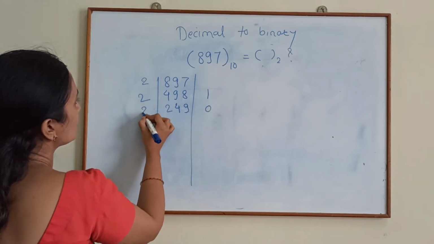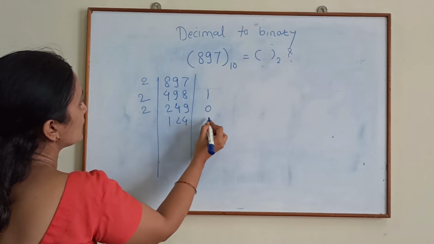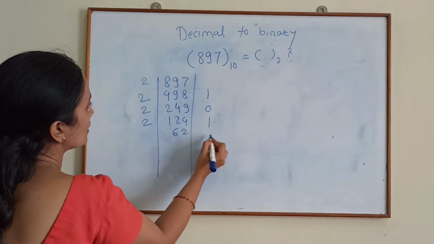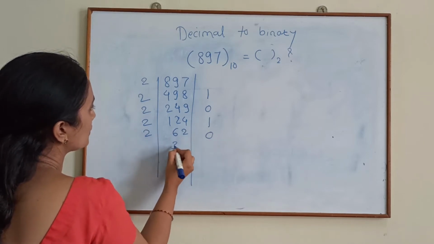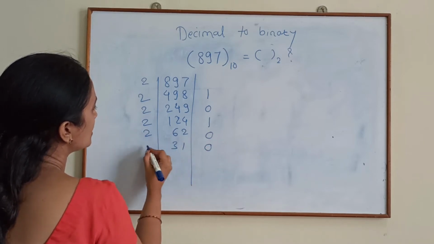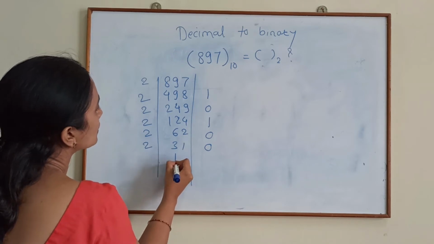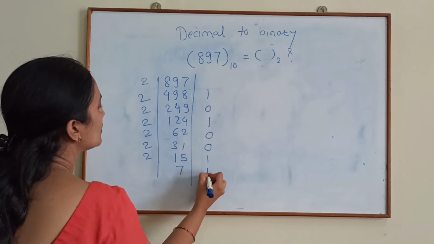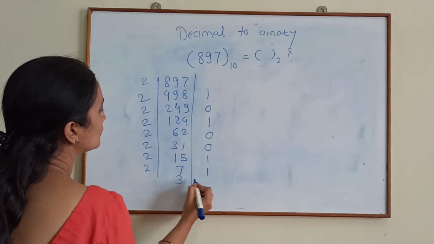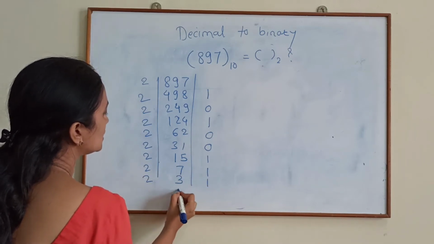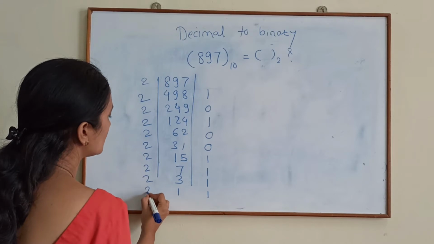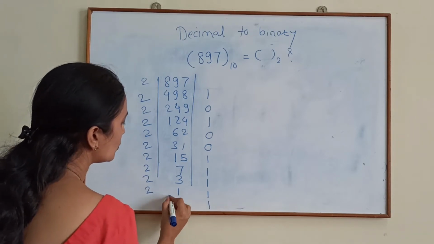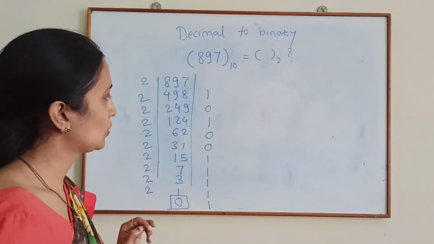Remainders are 0, 1, 0, 0, 1, 1, 1, 1, 1. Quotient is 0.